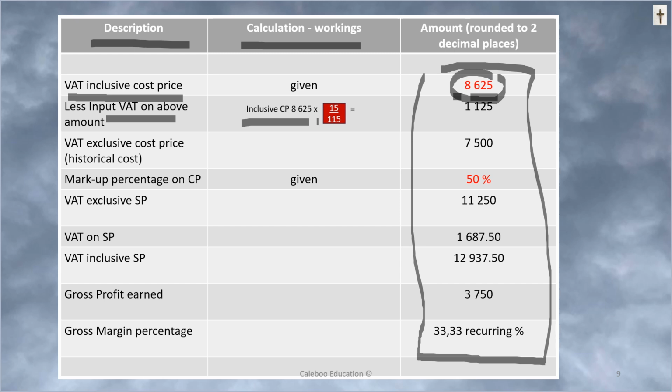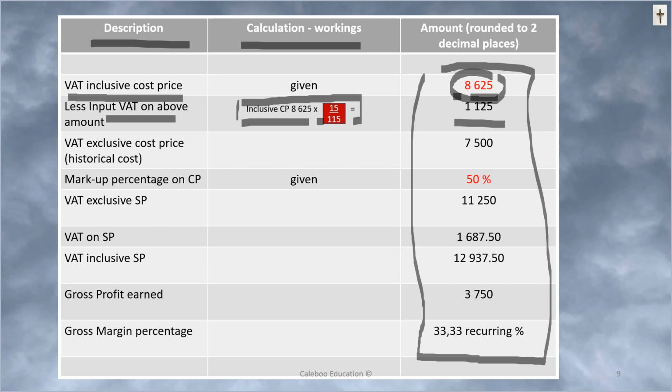We multiply by 15 over 115, which is the VAT fraction. Remember, the VAT rate here I'm using is 15%. So the input VAT claimed on the VAT inclusive cost price is 1125. And there we go. That's how I got that amount.